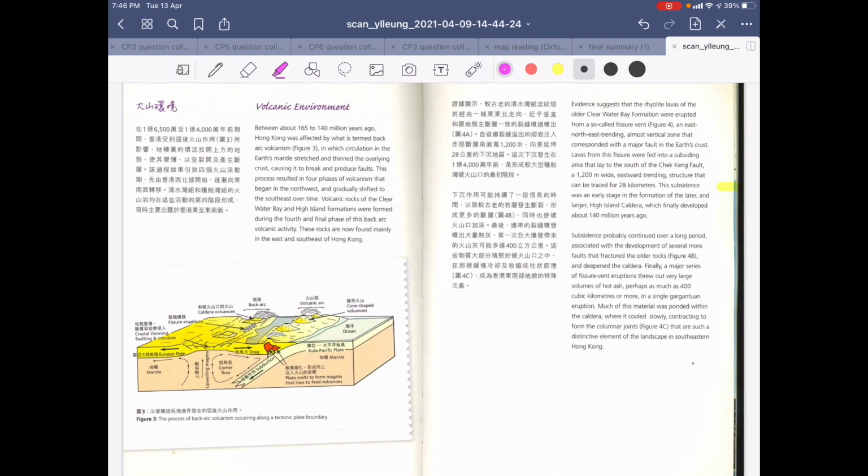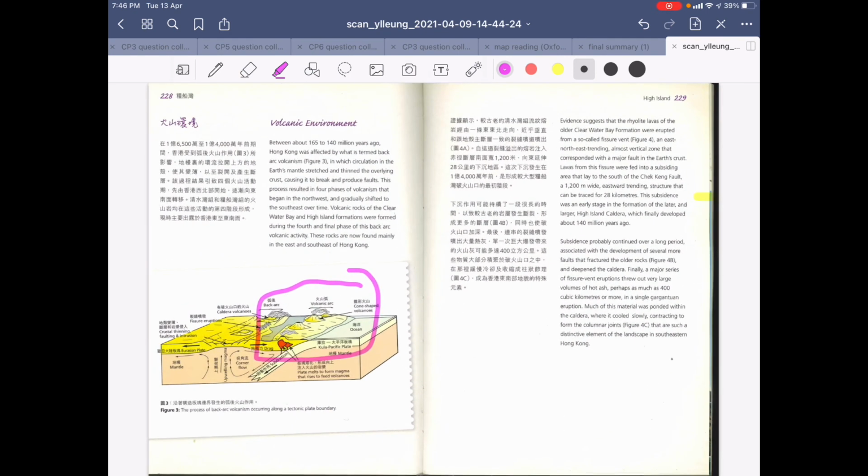Actually from 100 million years ago, Hong Kong was still in a destructive plate boundary, and volcanic arc was formed. Indeed previously Hong Kong was just like the Philippines, which looks like a destructive plate boundary, and there were a lot of volcanic eruptions, and one of the volcanic islands is located in Clearwater Bay.